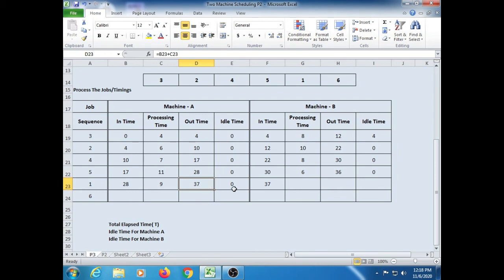Here at the 37th hour we have a job to perform, and the machine is already ready.